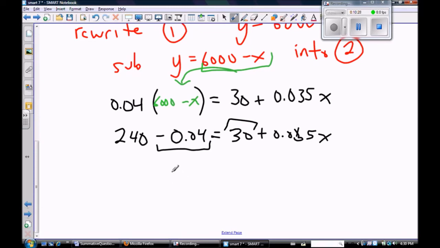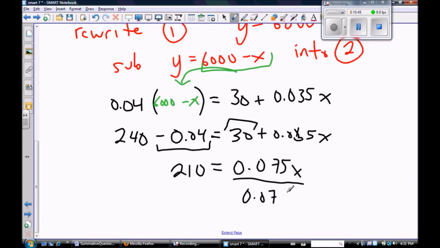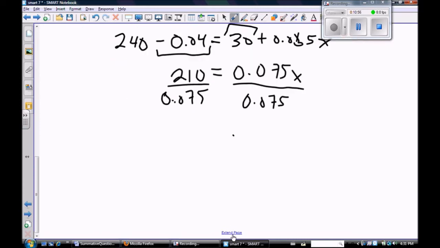So I'm going to get 210 equals 0.075x. So again, I subtracted 30 and I added 0.04x. So take my pen, divide by 0.075, divide by 0.075, and I will know how much I invested in the x account. So 210 divided by 0.075, so x equals 2,800.